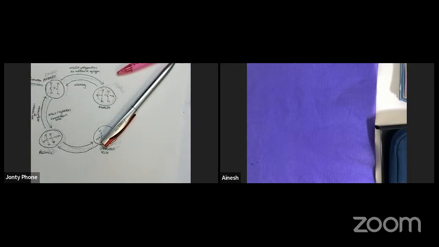Oxidation, yes, but I'm looking for something more violent than oxidation. What happens when you take a can of petrol and then you... never mind. It's combustion, just tell you, combustion.